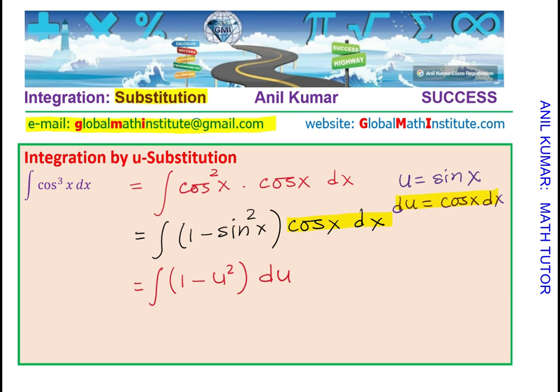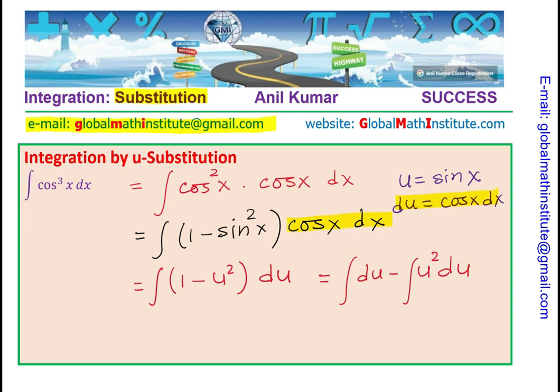So the strategy was, if there is a high odd power, in that case we can split it into two parts, one with even power maximum, and then the other one leave it aside, the single cos x. So we have a very simple function to integrate, which we could split and write as integral of du minus integral of u square du, correct?